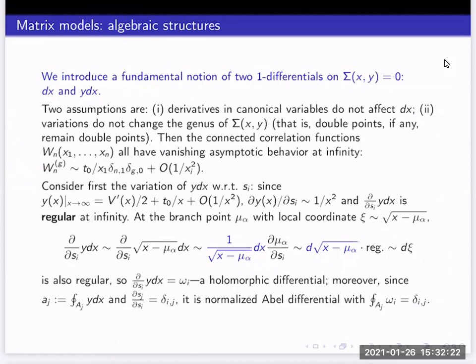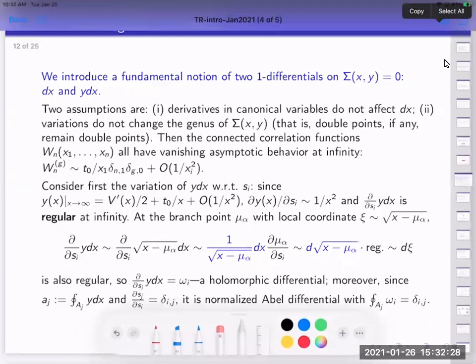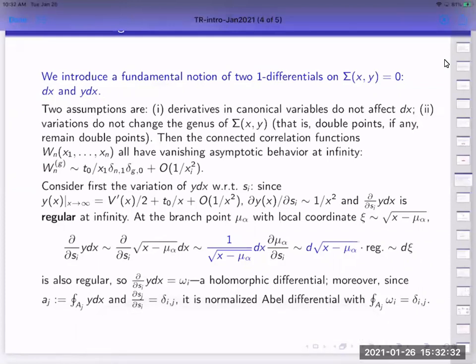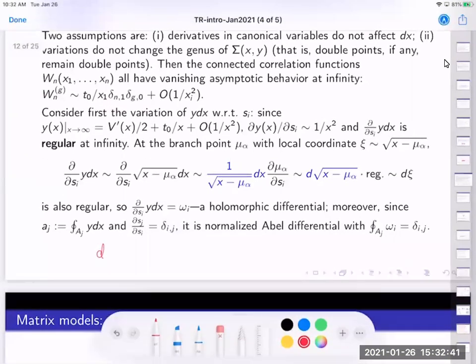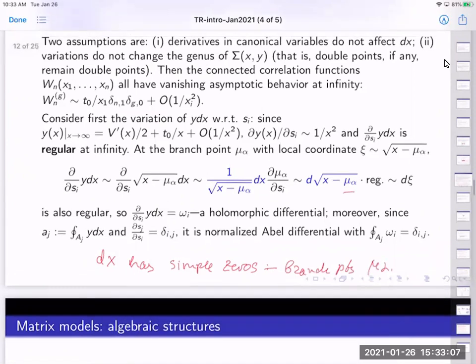One more restriction that I didn't mention, but will mention right now, is that we also assume that the differential dx has simple zeros, and these simple zeros are branch points, which we denote by mu_alpha.